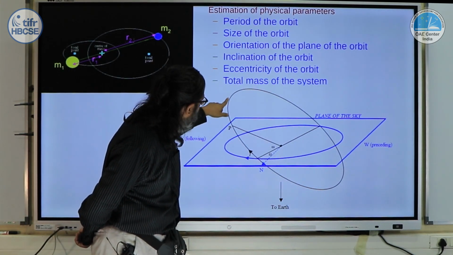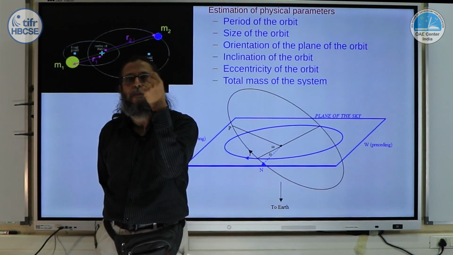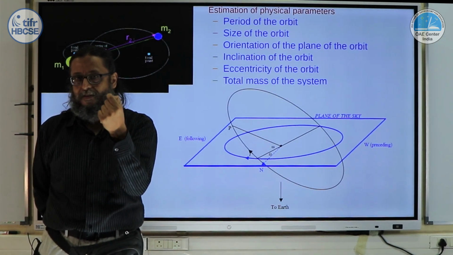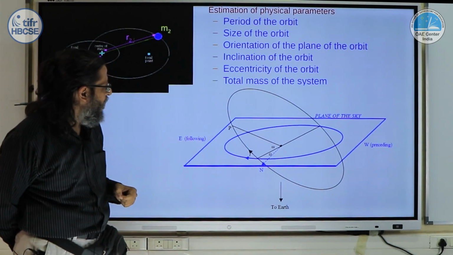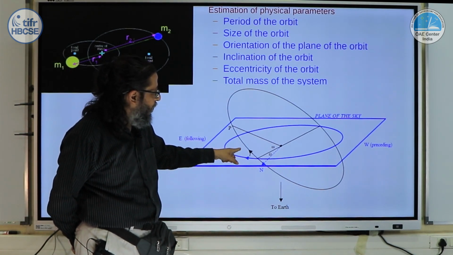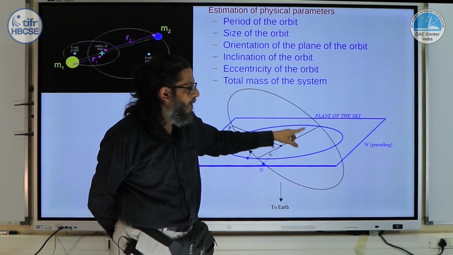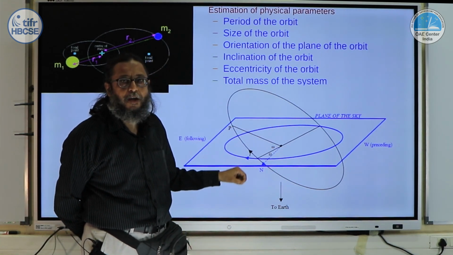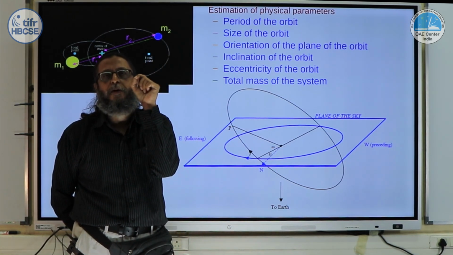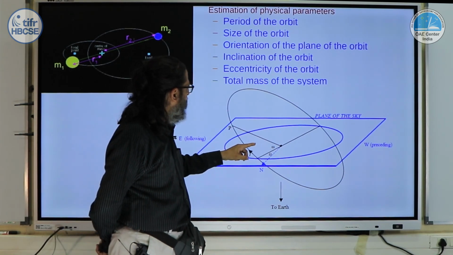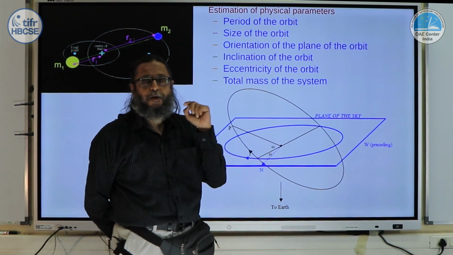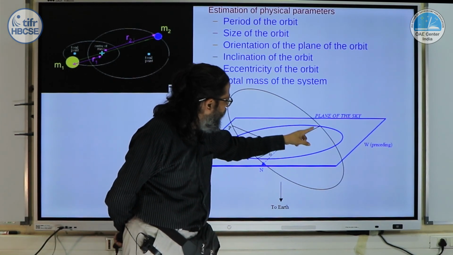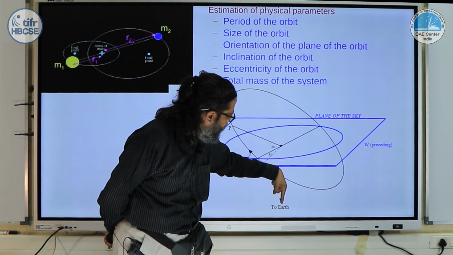The black ellipse is the actual orbit that the objects are moving about. Mind you, here we have drawn only one ellipse, so basically, to keep the diagram simple, you are following one particular mass. You have not drawn the ellipse of the other mass. Now, this is the actual orbit, and here is the observer.